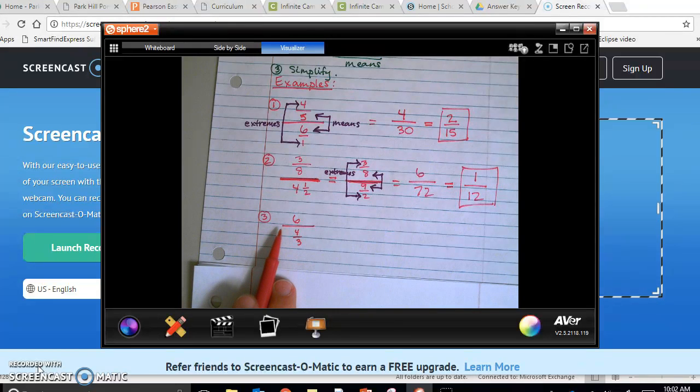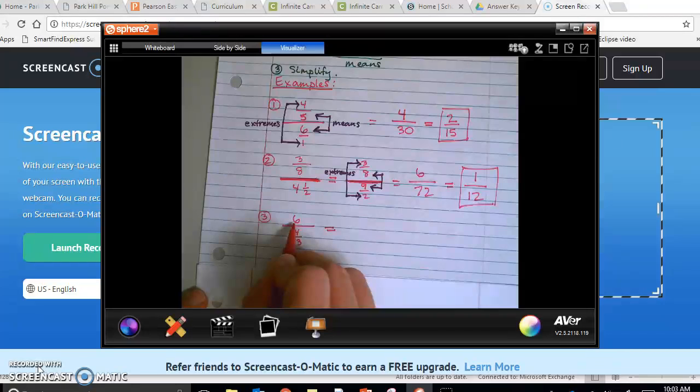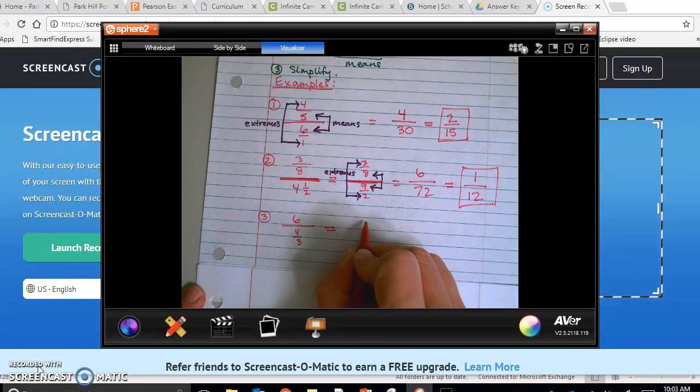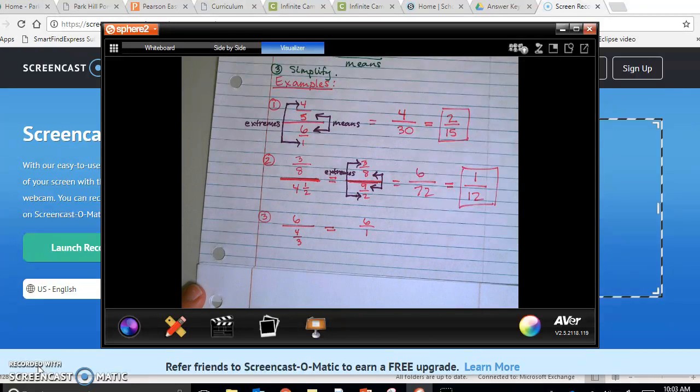Sometimes we might have a whole number in the numerator, but a fraction in the denominator. It doesn't matter. If I have any kind of ratio with a fraction, then I'm going to use extremes over means. First, I'm going to rewrite this ratio so that my numerator is a fraction as well. I can take a whole number and make it a fraction by putting it over 1.